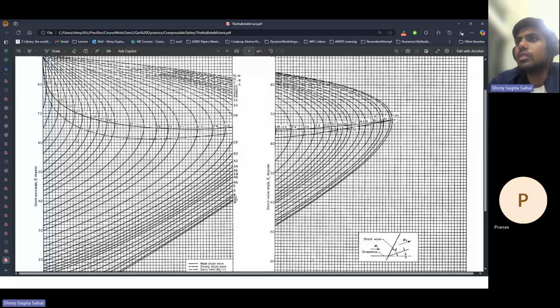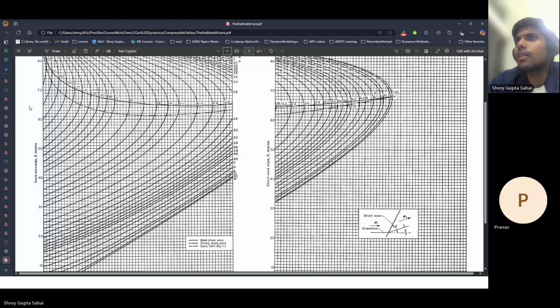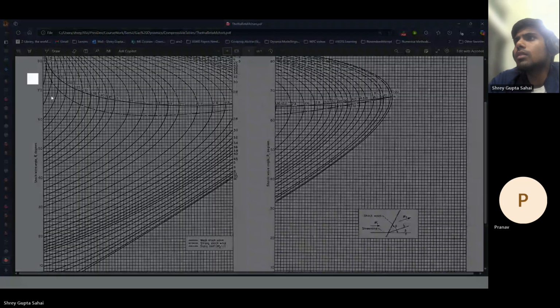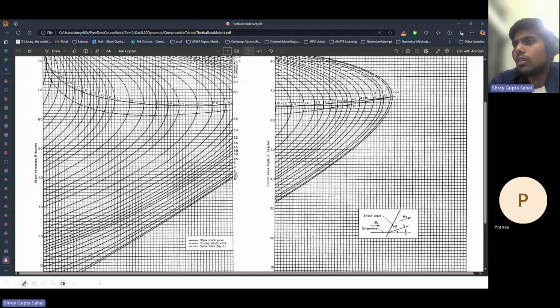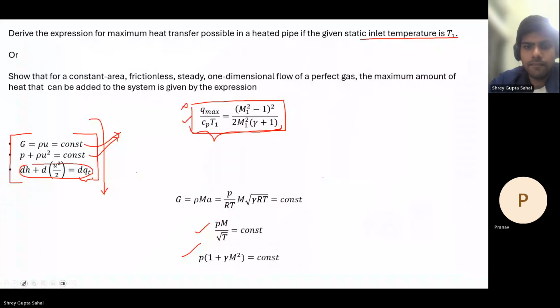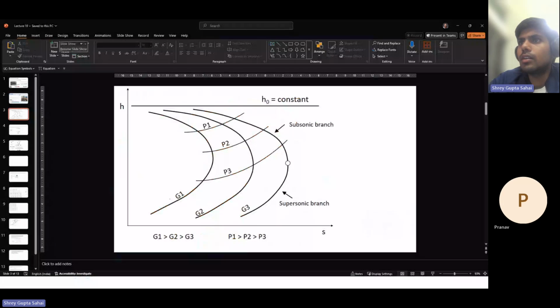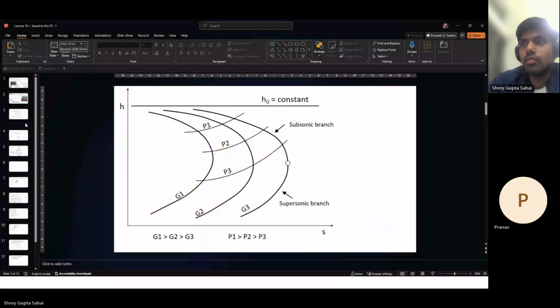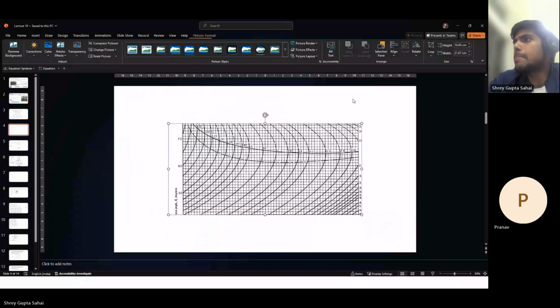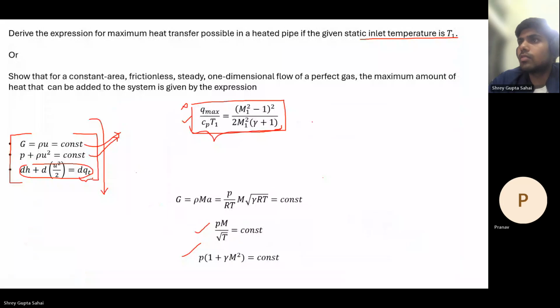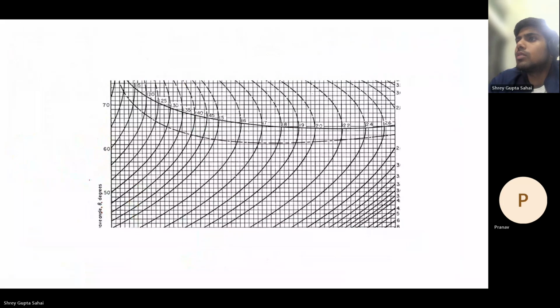Let me copy paste this. So 60 is this, and we are looking at 1.45.